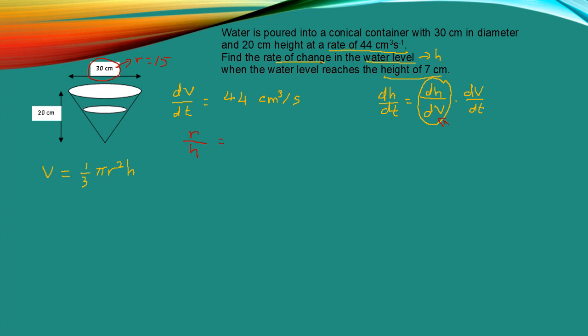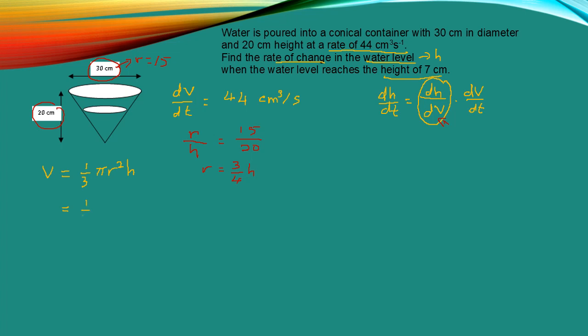So we have radius for this cone is 15 over height is 20. So from here we can get r. r will be equal to 15 over 20, which is 3 over 4, so 3 over 4 h. So now we can substitute into the formula for volume.